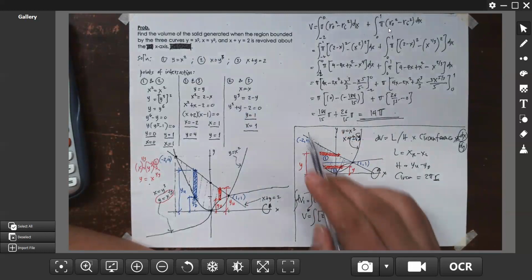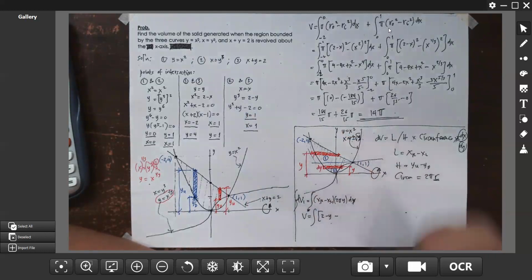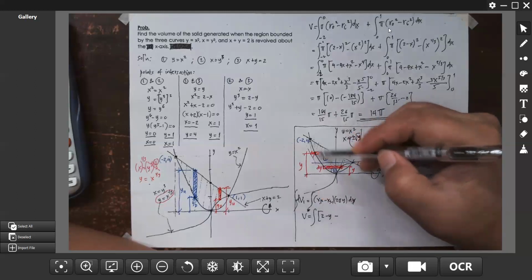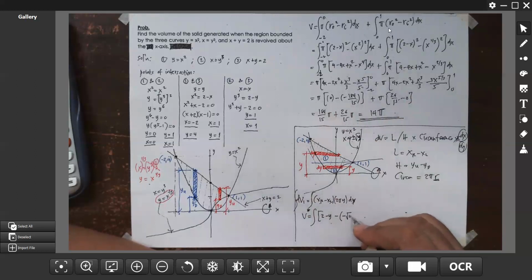Our x left is the parabola, plus or minus square root of y. But since this is on the left side, it is negative, since x is negative in the second quadrant. So, negative square root of y, dy. The limit in y is from 1 to 4. So, we can get V1.